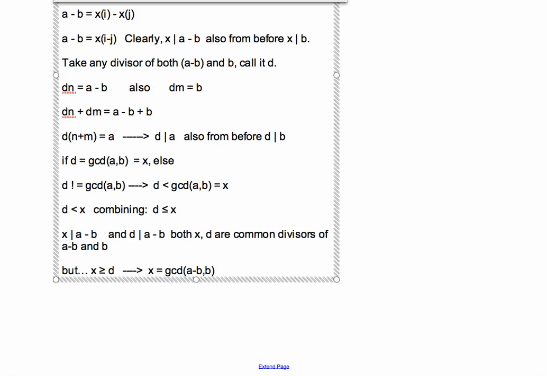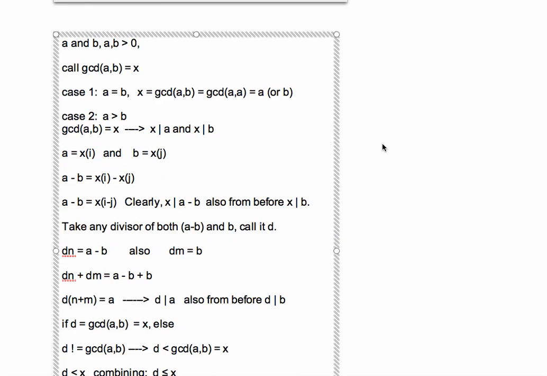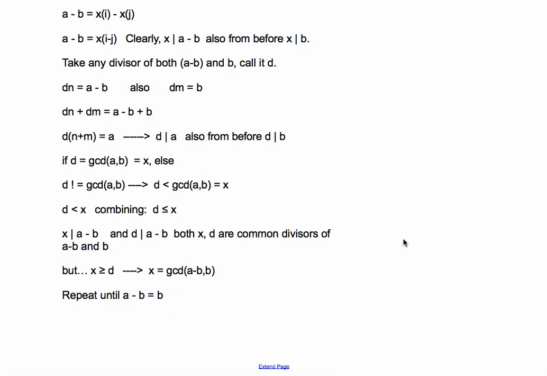All right, and we keep repeating until A minus B is equal to B. And then once A minus B is equal to B, we're back up here in case 1 with A equal B. All right, so that is the justification for the Euclidean algorithm.